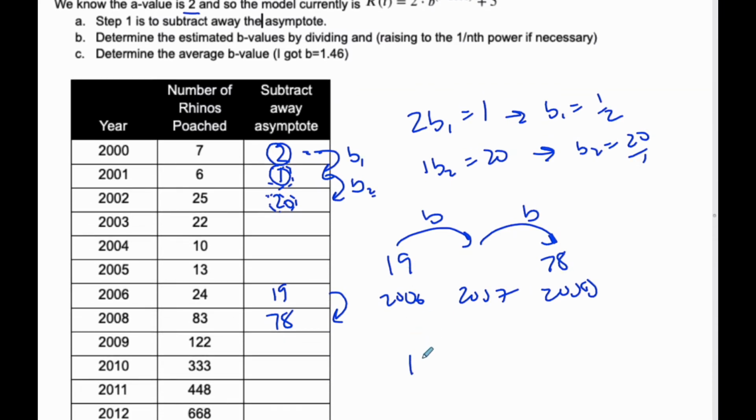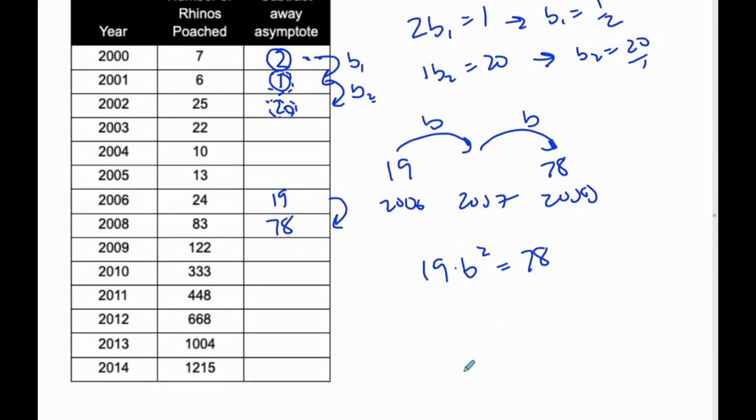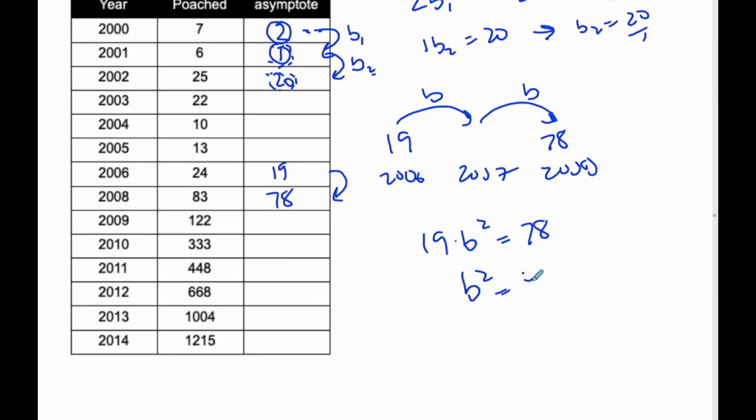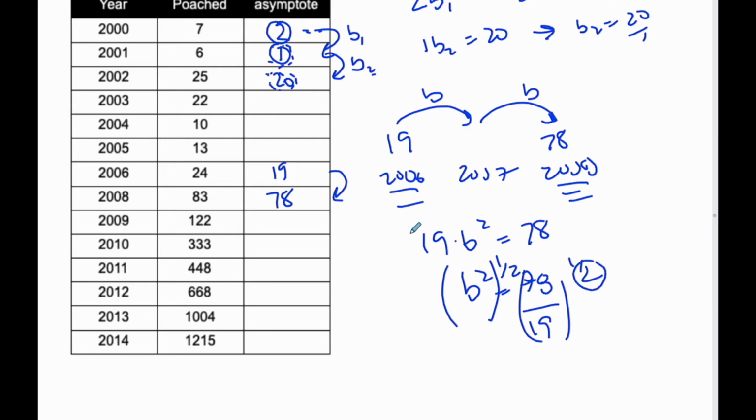So 19 times b squared is equal to 78. And so b squared is equal to 78 divided by 19. Then I'm going to raise this to the power of 1/2 because my spreadsheet doesn't do square roots as well. It likes exponents. And so I have to compute this myself. This 2 comes from 2008 subtracted by 2006.